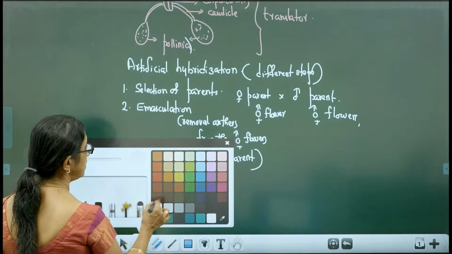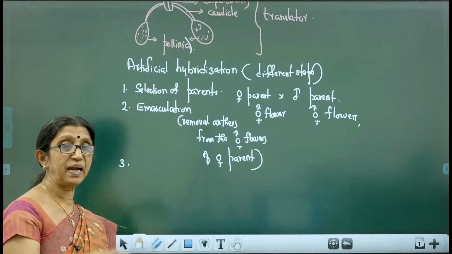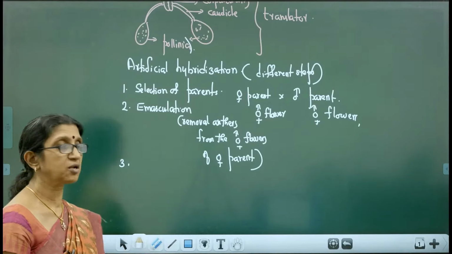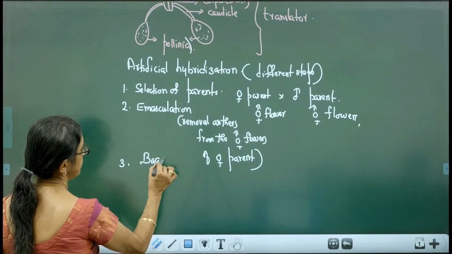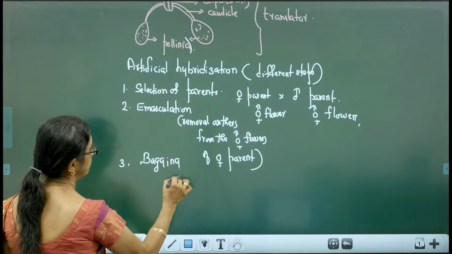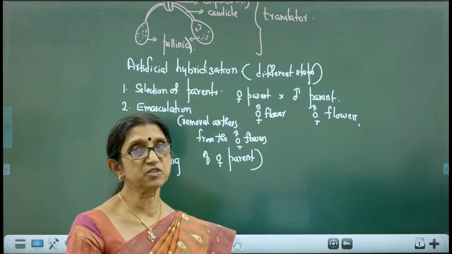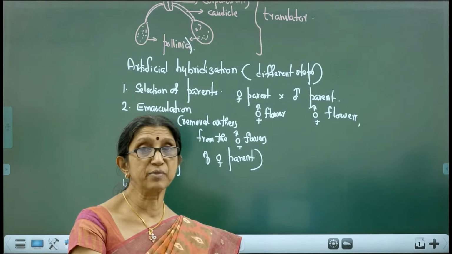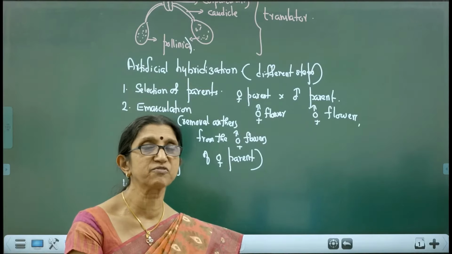The third one: after emasculation, we have to put a bag over the female flower from which the anthers are removed. That process is called bagging. By this time, the flowers of the male parent will mature, and it is time to collect the pollen grains from the anthers of the male parent.